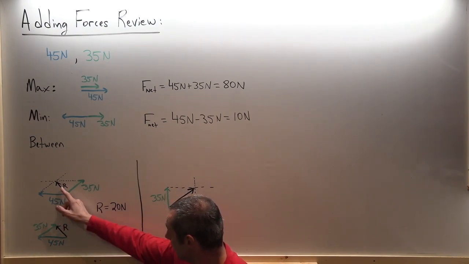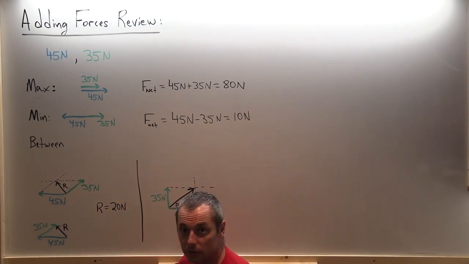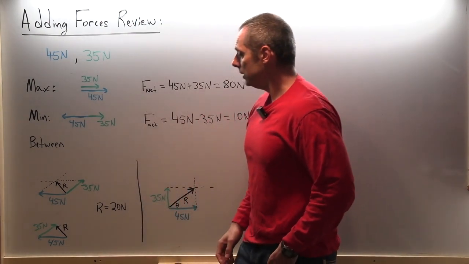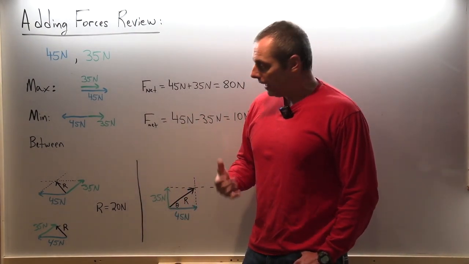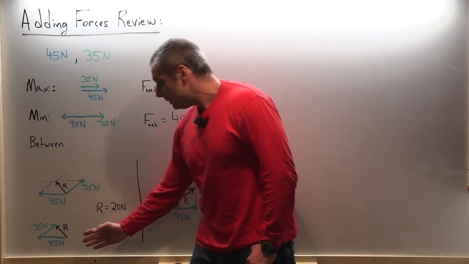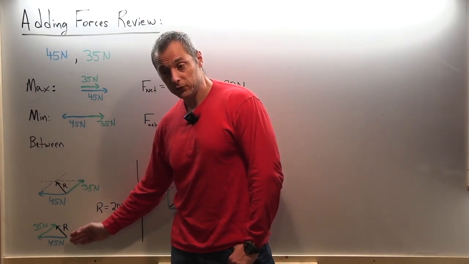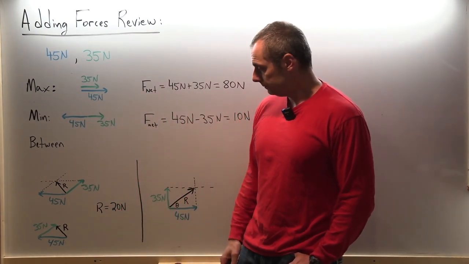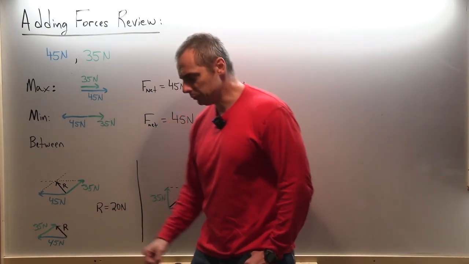You see the black arrow here, same answer, you get 20 either way. And we can measure this angle with a protractor to get the direction. So, as I said in the last video lesson, I'm going to continue with the parallelogram technique. I only mention this because sometimes the Regents specifically ask you to draw the arrows head to tail or tip to tail. So I'm just mentioning it briefly.